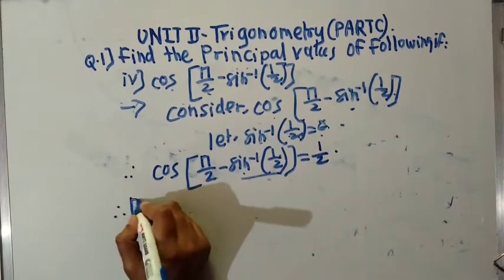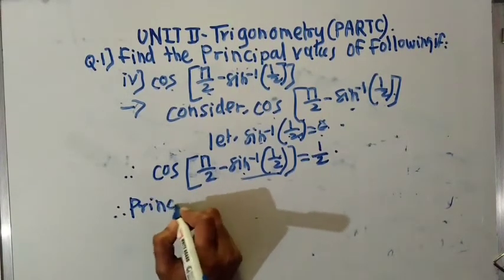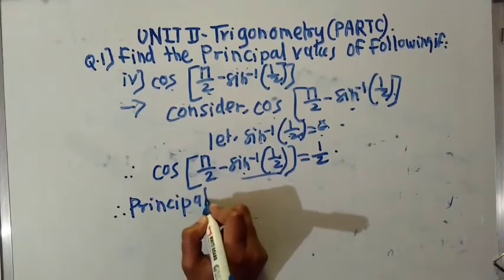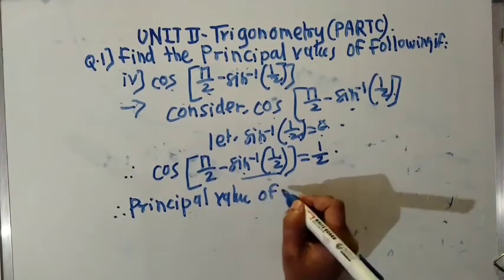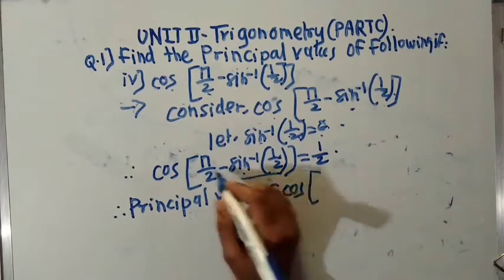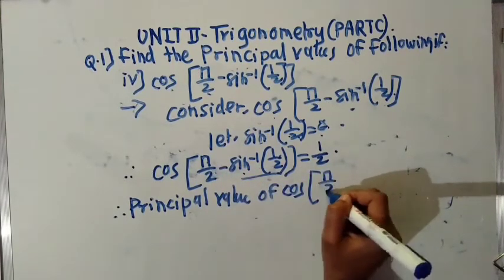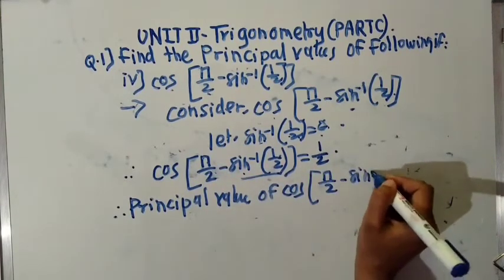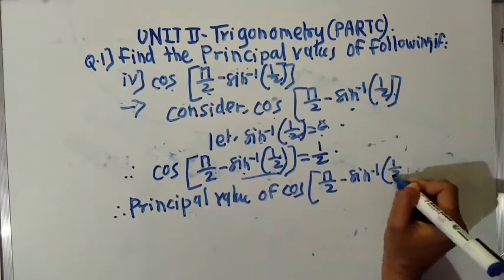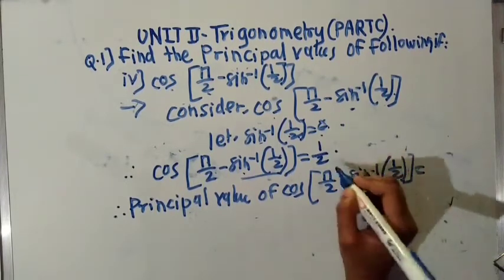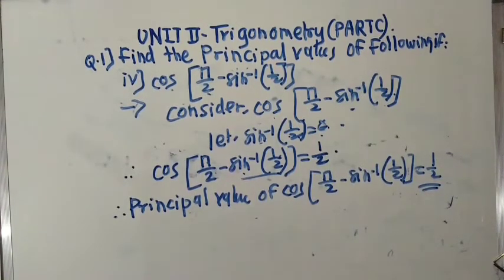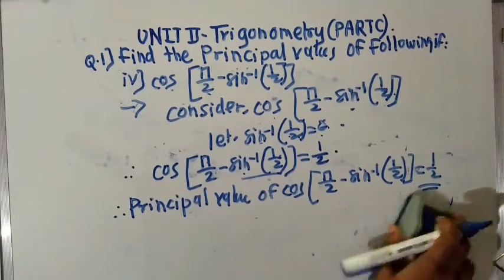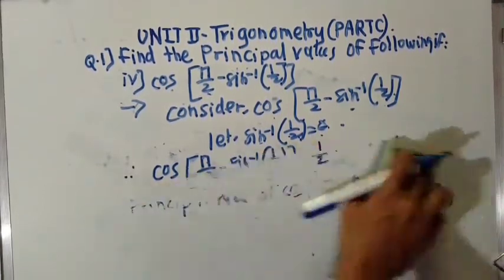Hence, the principal value of cos of pi by 2 minus sine inverse of 1 by 2 is equal to 1 by 2. Then we give the next example.